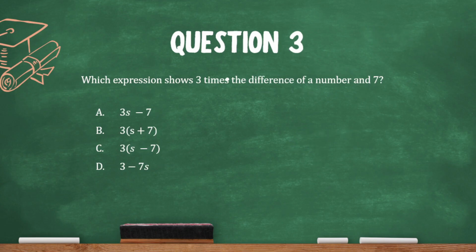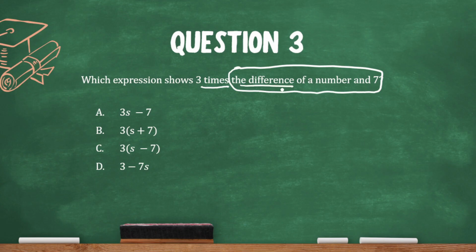Number 3, which expression shows 3 times the difference of a number and 7? So here's where we're going to have a multiplication situation that's a little bit more complicated than what we just saw, because we're going to multiply 3 times everything that follows, right? Because we're multiplying by the difference of a number and 7.